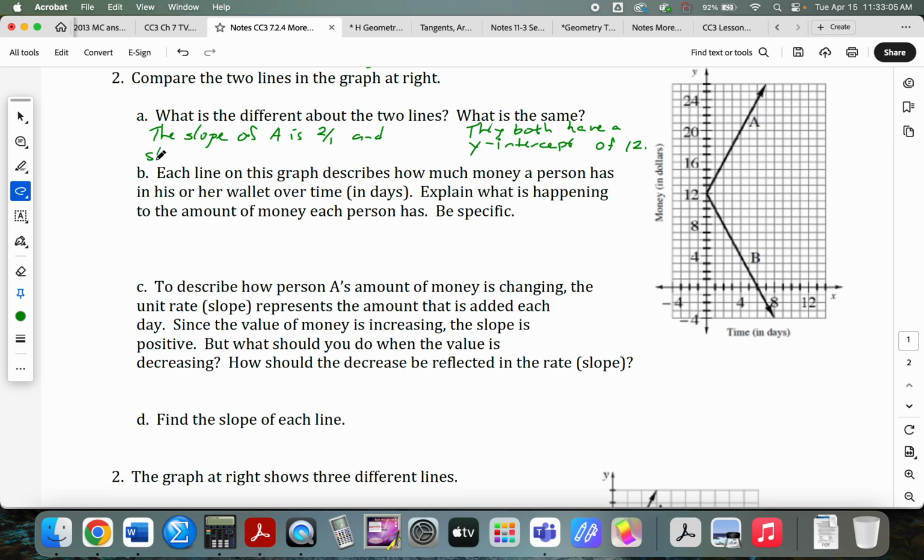And the slope of B? 1/2. I don't think so. Yes? It's -2/1. The line moves down instead of up. Now, if we were asking about steepness, which one is steeper?